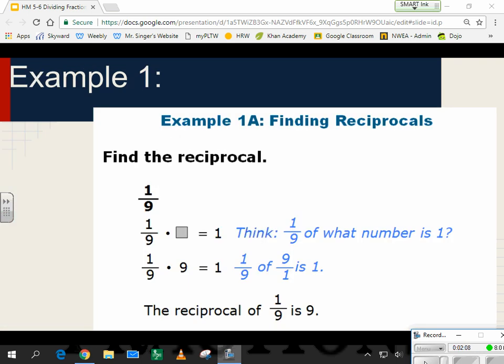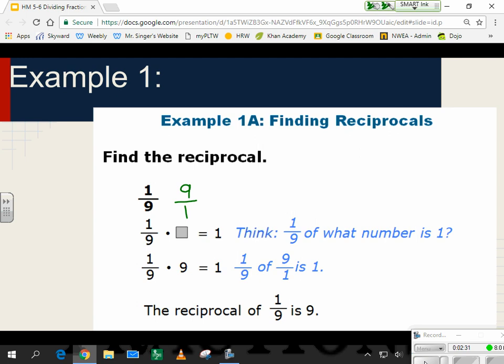All right, so the first example we're going to be doing with this video is we're going to be looking at finding the reciprocal so you can get some practice at doing what I'm expecting you to do. So, as you can see here, we have 1/9. So the real simple way to think about it is flip 1/9. That's all you have to do. So if we flip 1/9, we get 9/1.